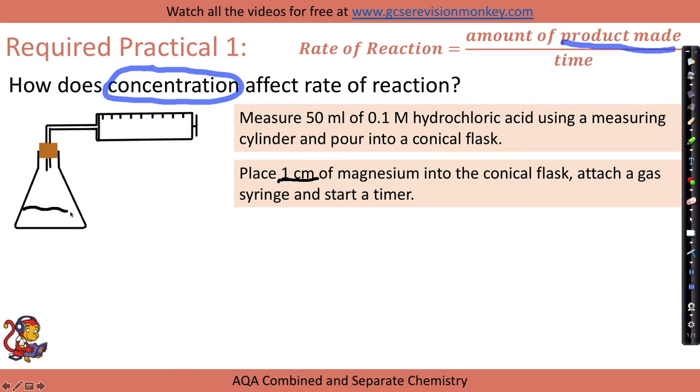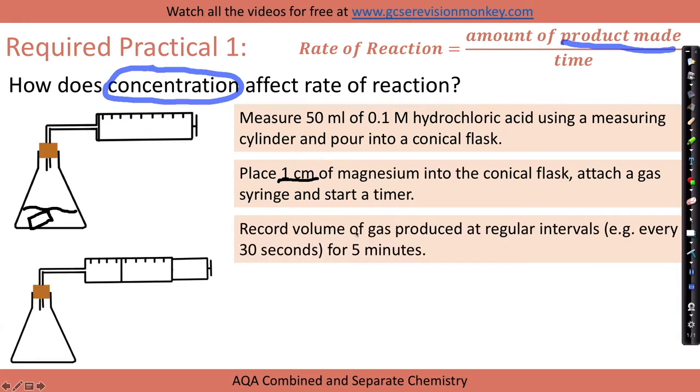So in here we'd have our acid and our piece of magnesium, which you should know is going to create hydrogen gas. To calculate the rate of reaction in this experiment, we could record the volume of gas produced at regular intervals, for example, every 30 seconds for 5 minutes.